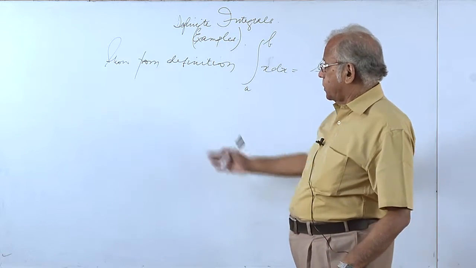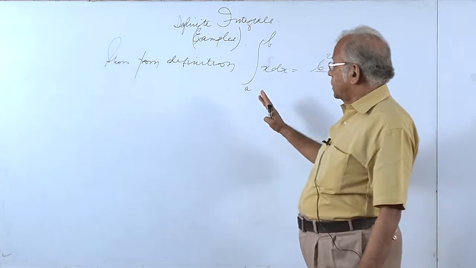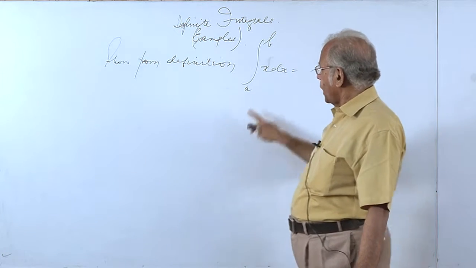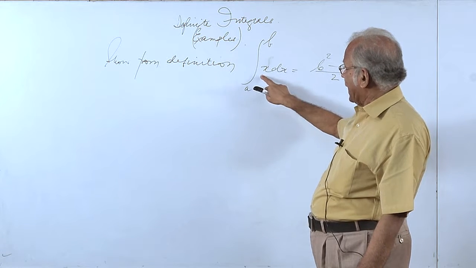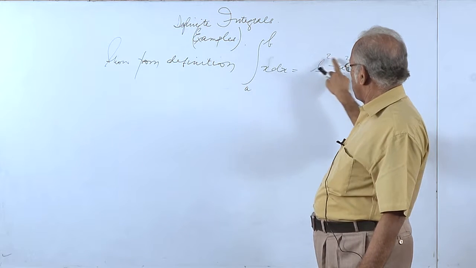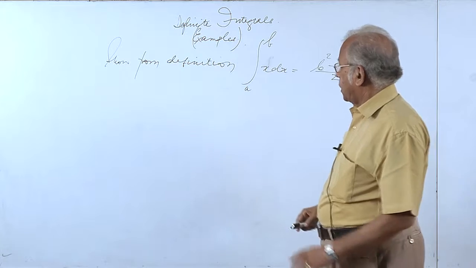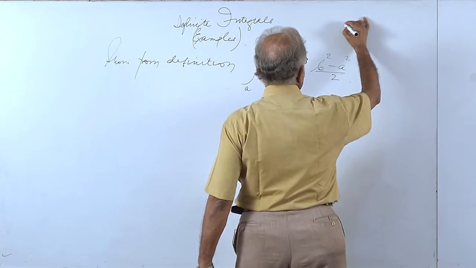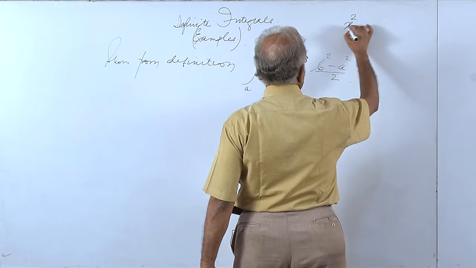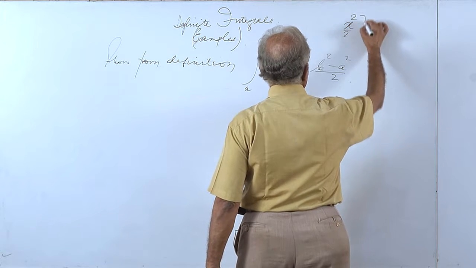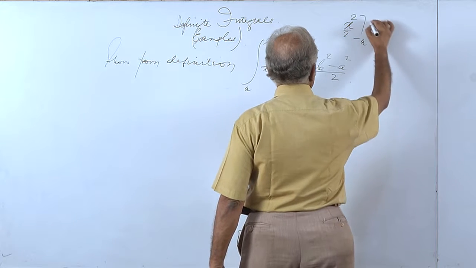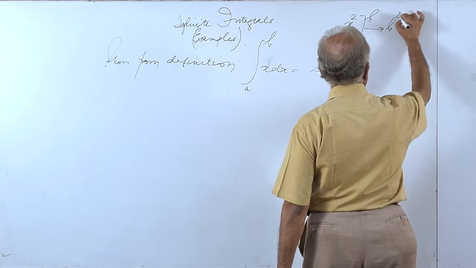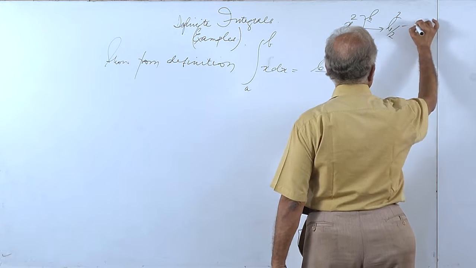Now, for example, the first problem I put up on the board is: show from definition, or show from first principles, that the integral from a to b of x dx is (b squared minus a squared) by 2. Now, we all of us know that if we integrate x, the result is x squared by 2, and if we substitute the upper and lower limits, the result is indeed b squared by 2 minus a squared by 2.